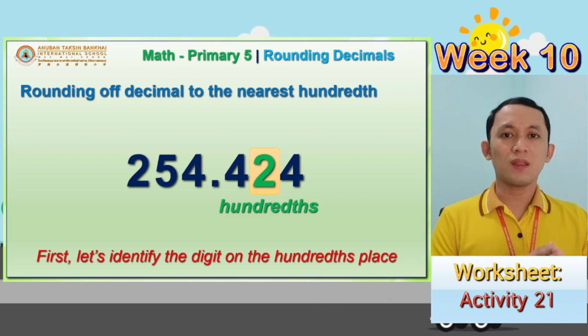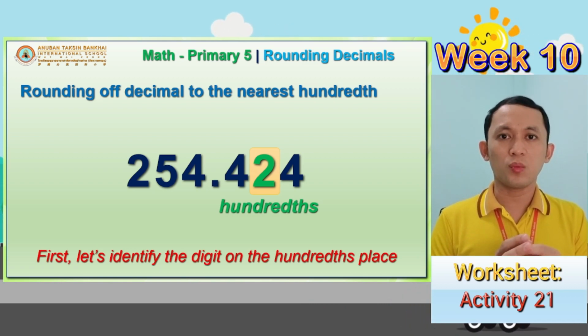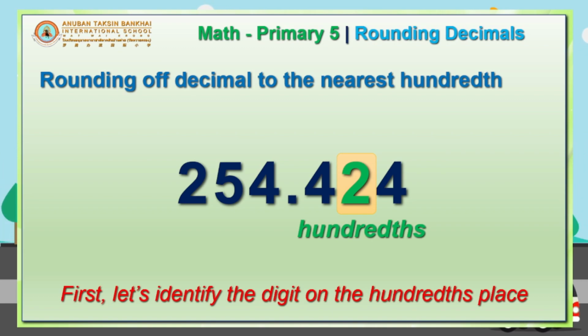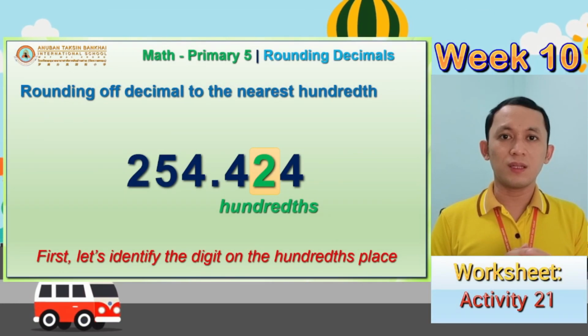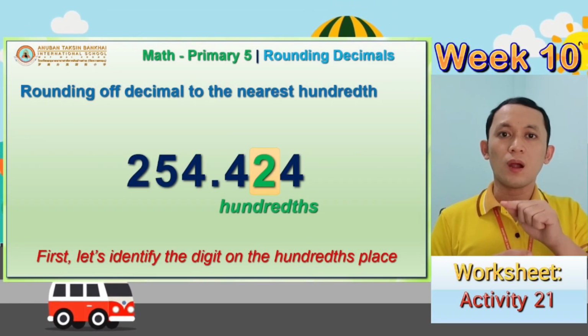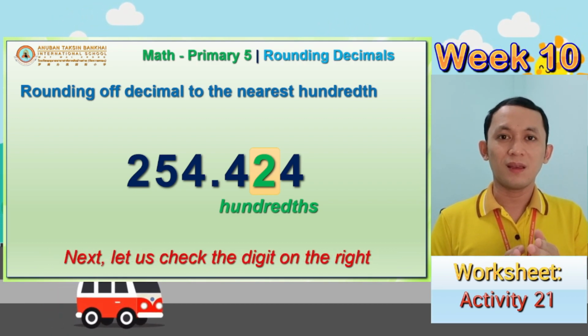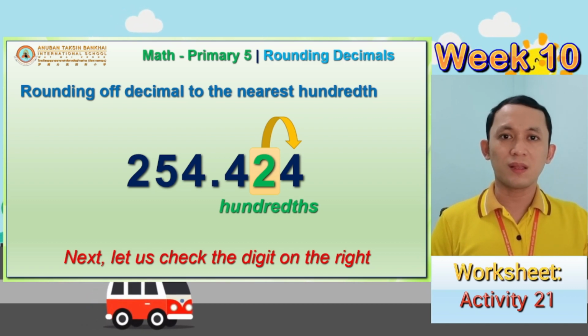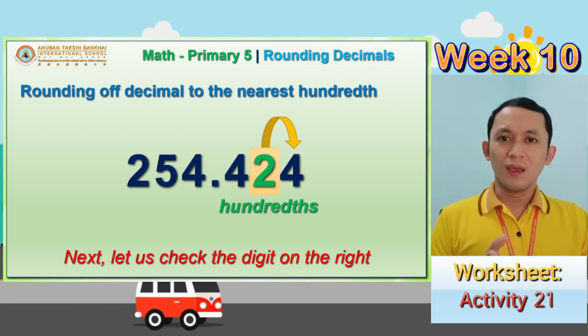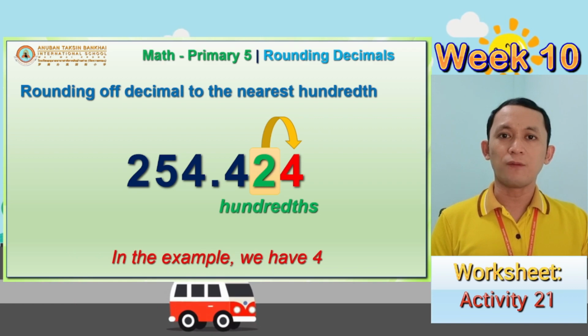You can see there the green number, that's on the hundredths place. After we identify the digit on the hundredths place, we are going to check the number on the right side. Always we check the number on the right side. In this example, we have 4.